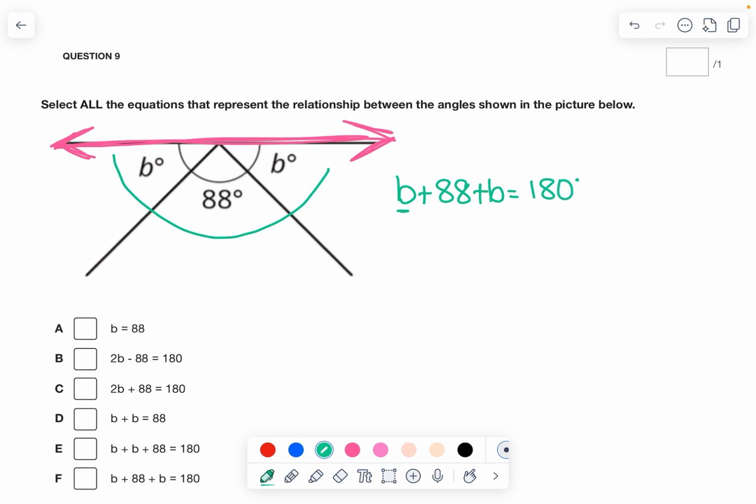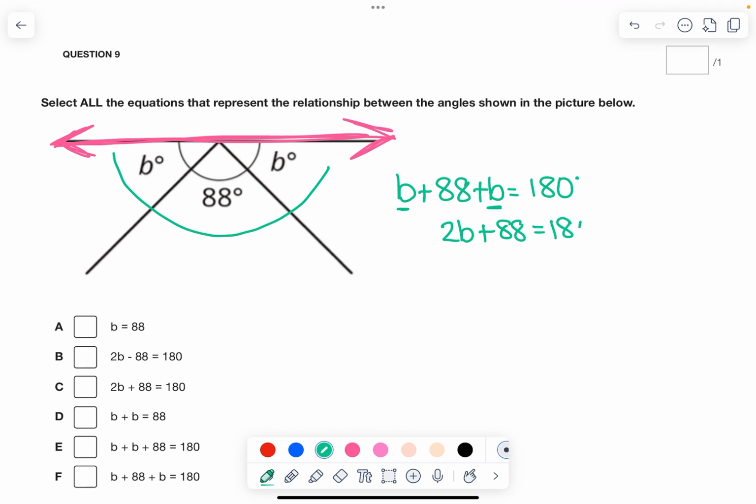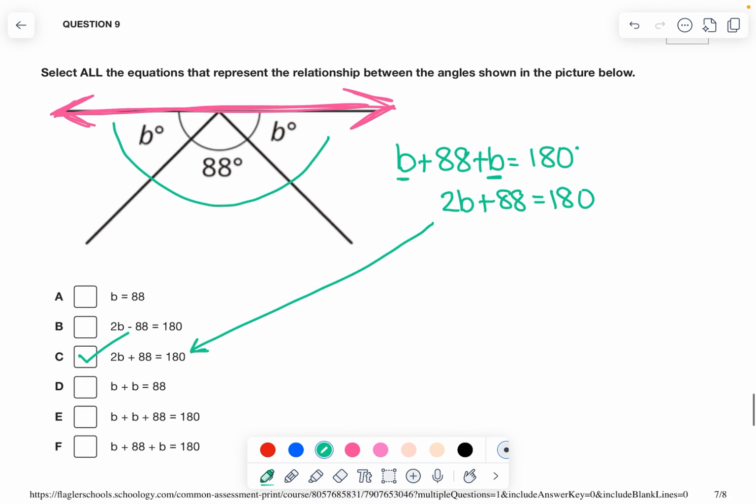So if I combine like terms, my B's add up to be 2B plus 88 equals 180. Well, that's one of our guys right here. Let's isolate and see what B is. So let's subtract 88 from both sides.